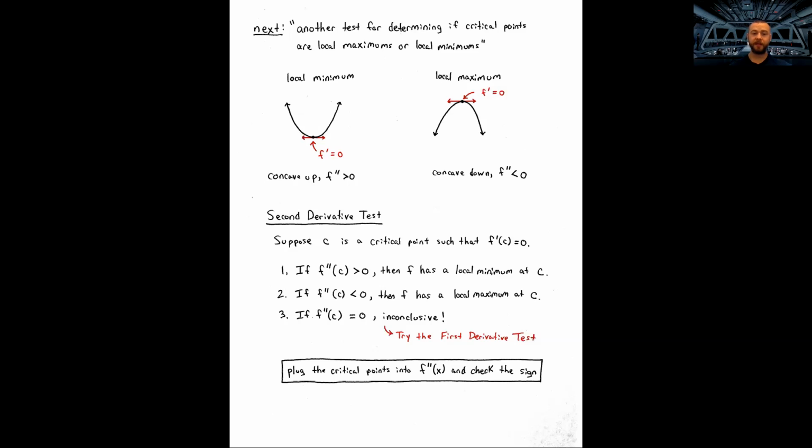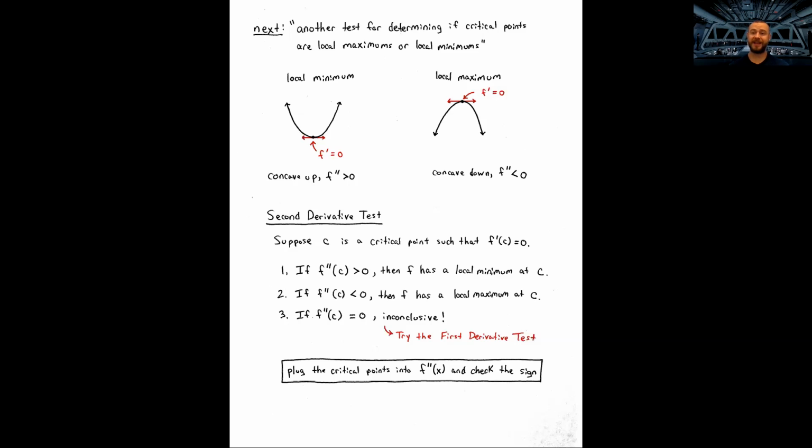The second part is if the second derivative evaluated at a critical point is negative, in other words, the graph is concave down, then that critical point corresponds to a local maximum. All right, so we have this nice correspondence: positive second derivative at a critical point, you get a local minimum, a negative second derivative, you get a local maximum at that critical point.